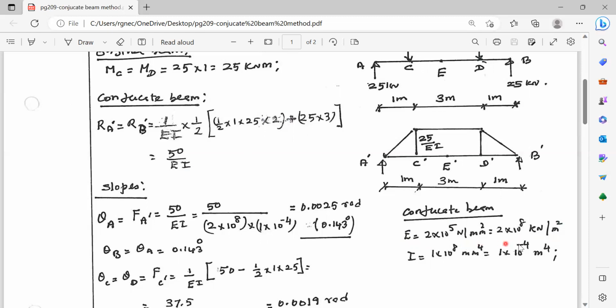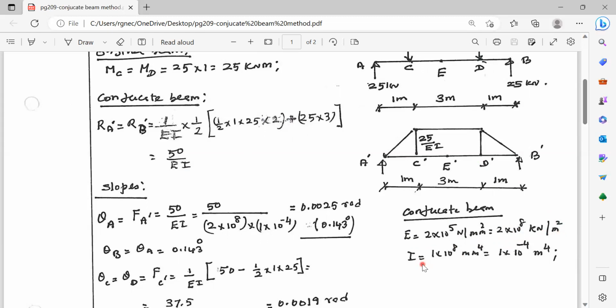E is converted into kilonewton per meter square from Newton per millimeter square because the loadings are in kilonewton and the dimensions are in meter. Therefore, E value is converted so that the units are consistent.